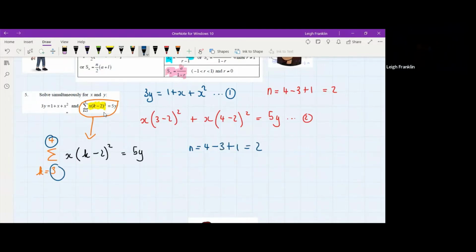There are 2. So in other words, there are 2 things being added together to give me 5y. That's what it means.